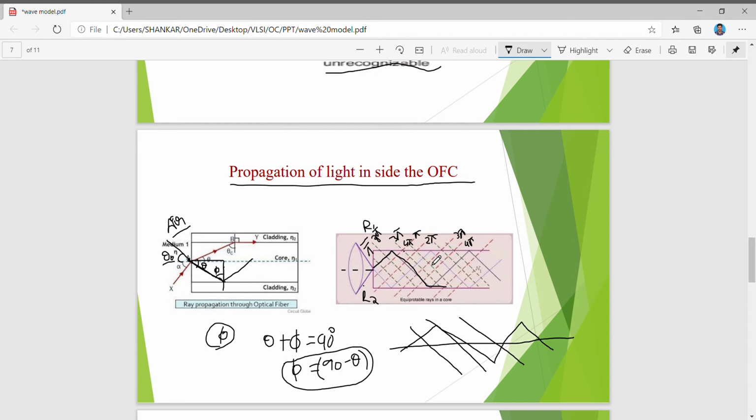So we can find out the phase angle of a particular signal. Suppose this is the angle of pi, this signal will interfere with ray 2 with an angle of pi here. So both signals have pi and pi, and the phase difference is 0.